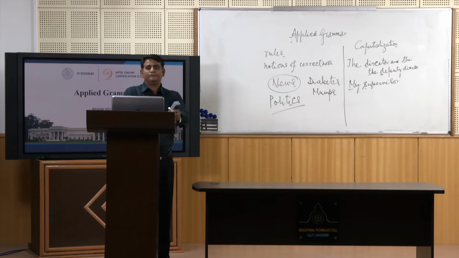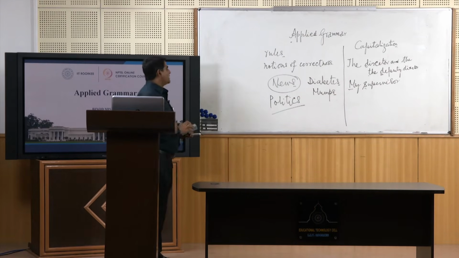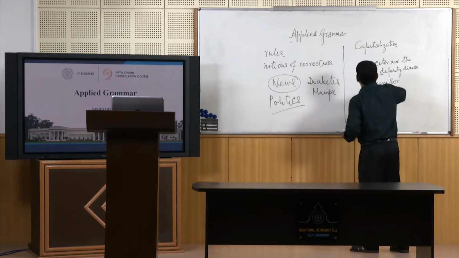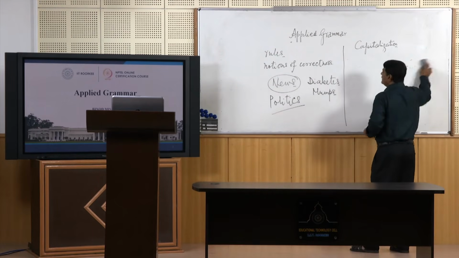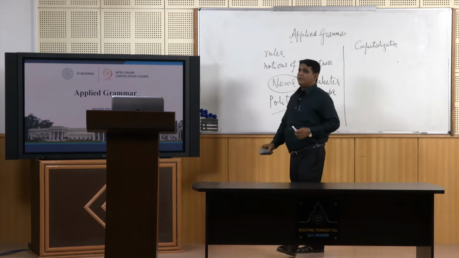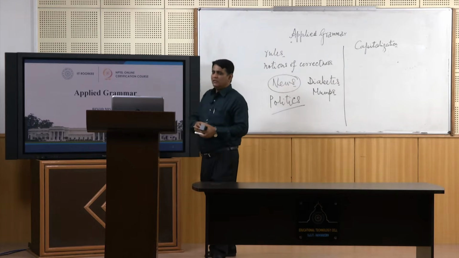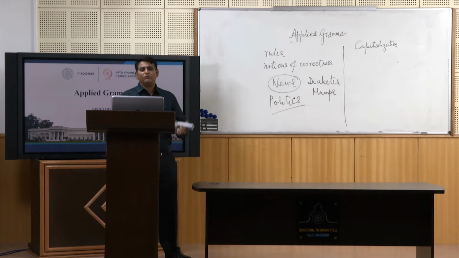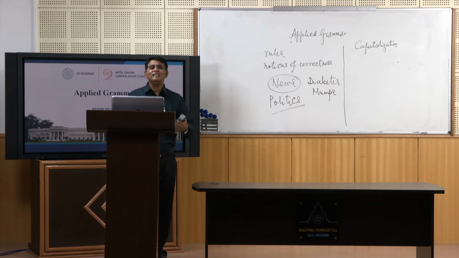The names of departments and institutions will all be in capitals. The names of departments, divisions or committees within organizations will also be. For example, I am delivering a lecture from the ET cell.